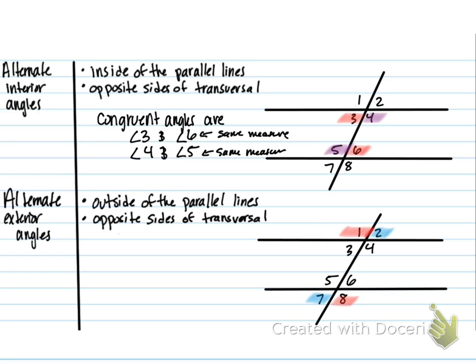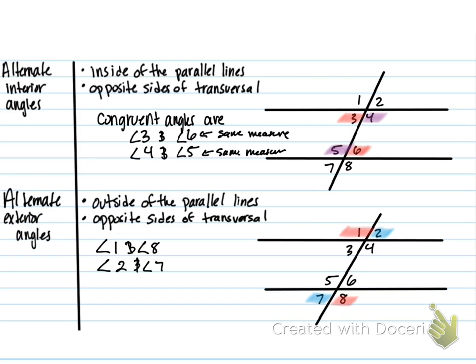Okay, and they are the same measure. So angle 1 and angle 8 are the same measure, and angle 2 and angle 7 are the same measure. Okay, so with that information, it is a lot of information, but we can see they're the same angles because they look similar too, right?